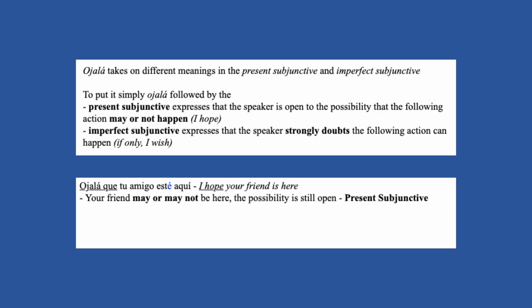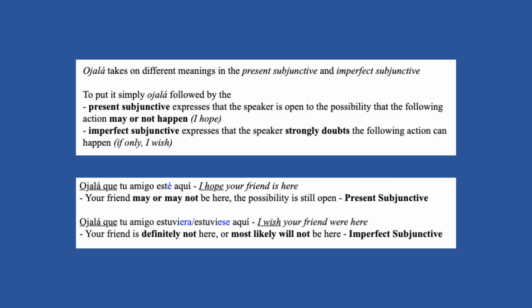So in the present subjunctive, this indicates your friend may or may not be here. The possibility is still open. Ojalá que tu amigo estuviera aquí. In the imperfect subjunctive, this indicates your friend is definitely not here, or most likely will not be here. So with ojalá and the imperfect subjunctive, it indicates a much stronger sense of doubt compared to the present subjunctive.